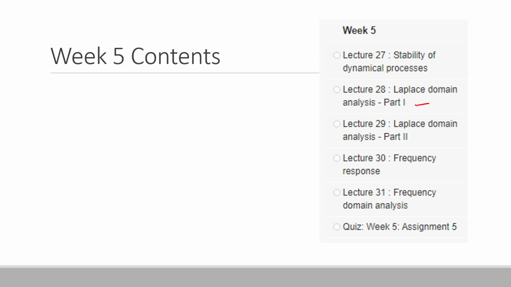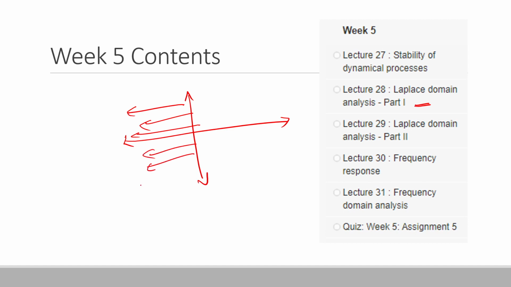Over here we can just study the roots of the denominator and comment on the stability. We already studied that if I plot the poles and the zeros, if my poles lie on the left half plane, then I can say my system is stable.